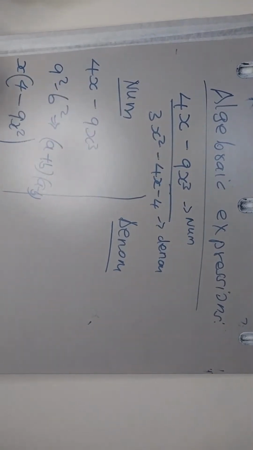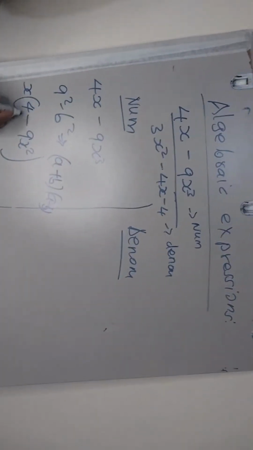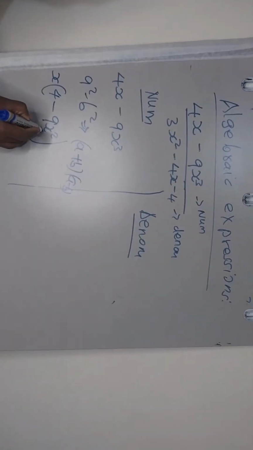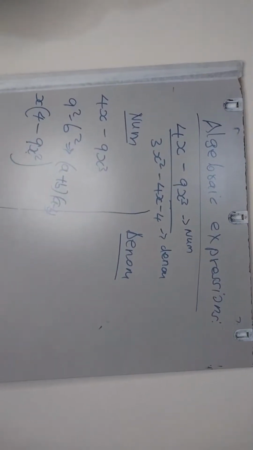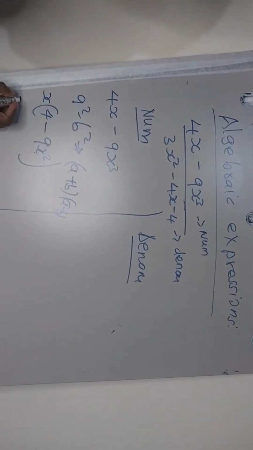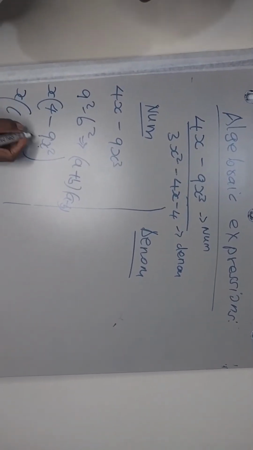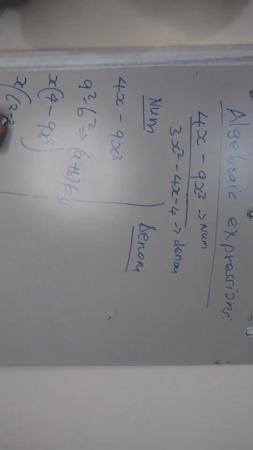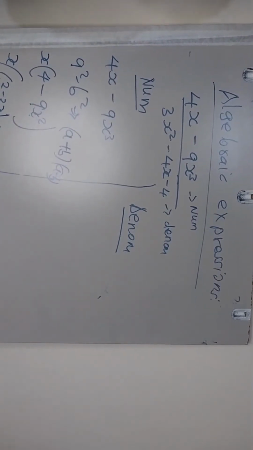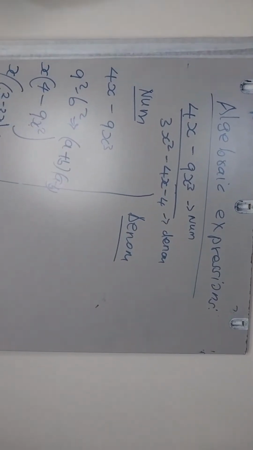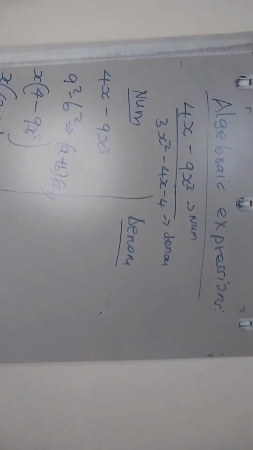The square root of 4 is 2, the square root of 9 is 3, the square root of x squared is x. So this is a perfect square. We get x into (2 minus 3x) into (2 plus 3x). The numerator is done.